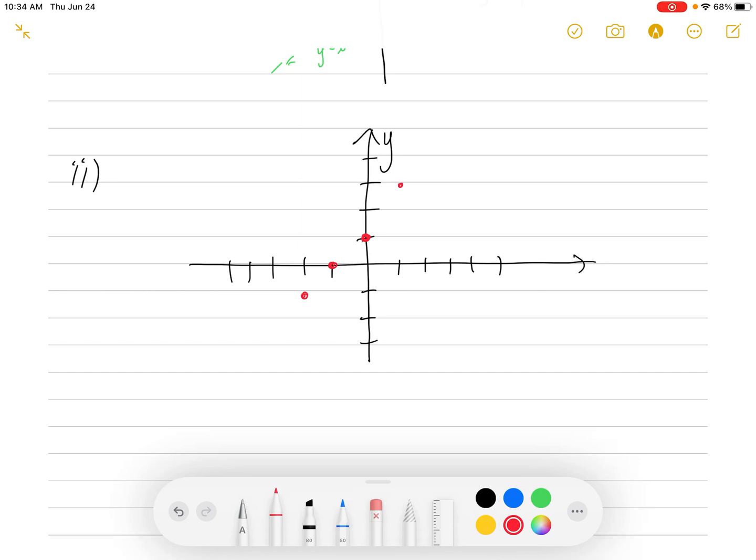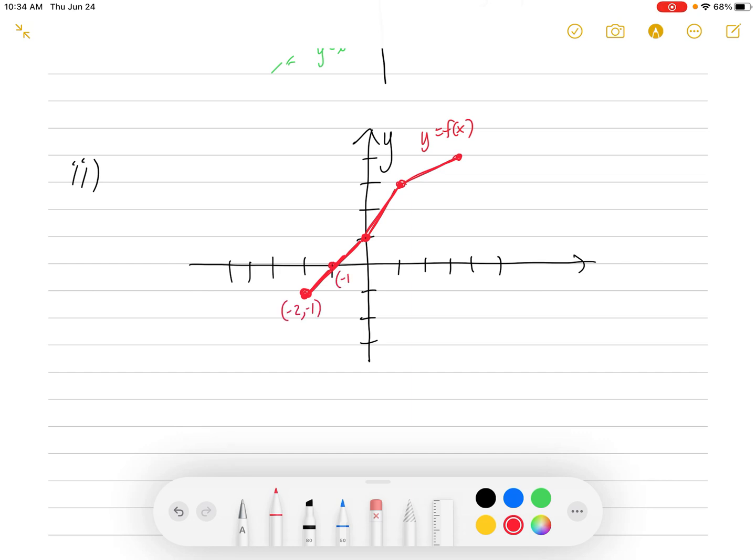Let's say my original function does something like this. It's not curvy, it's kind of square, and that's just my function.